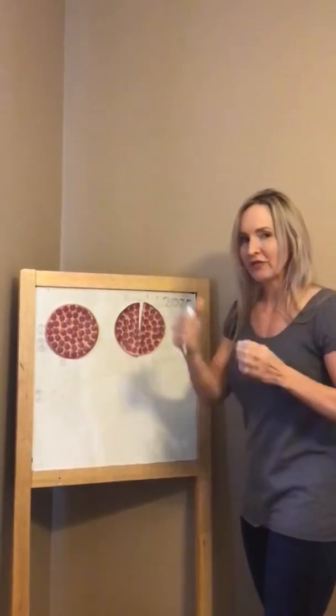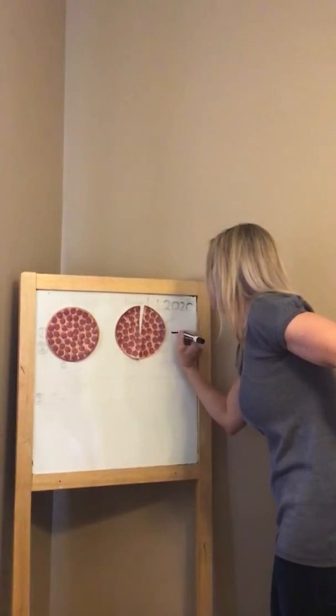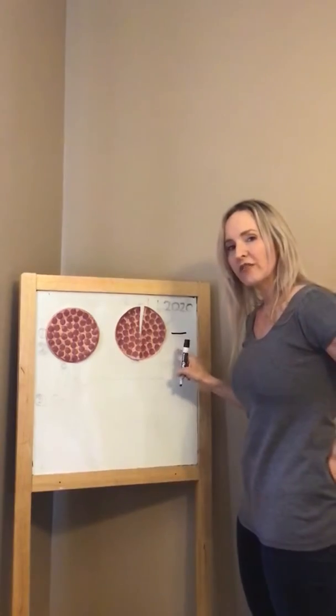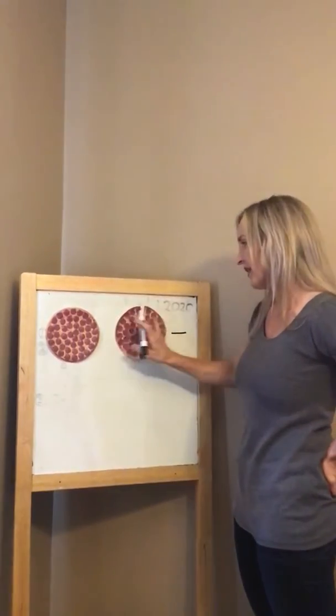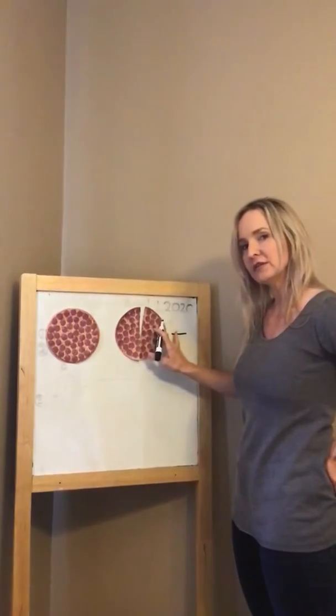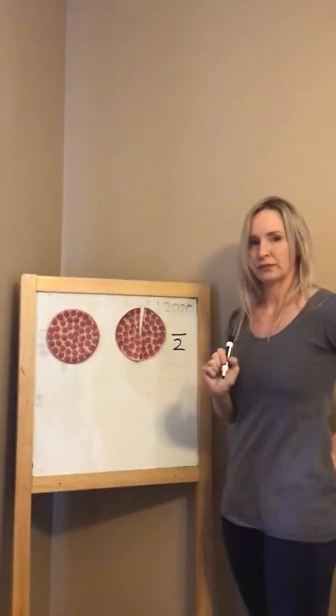Now, let's remember, we've done this before. When we write the fraction half, this is what we have. Okay, the bottom part of my fraction shows how many parts I have. How many parts do I have here? 2.